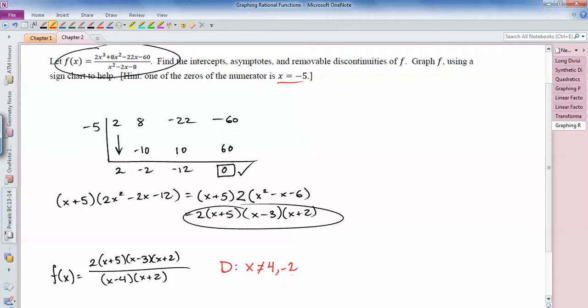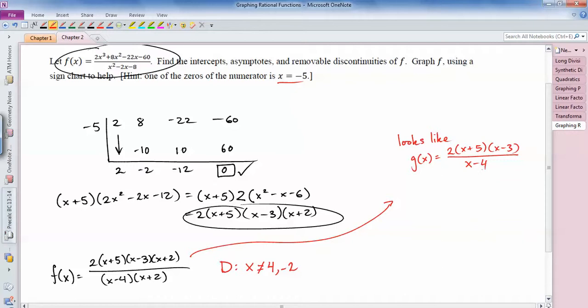Another thing is that this function looks just like g of x. I'm creating a new function here where I've canceled the x plus 2's. So it's 2, x plus 5, x minus 3 over x minus 4. It looks just like f, except that the holes are filled in, like the hole that would come from x equals -2.